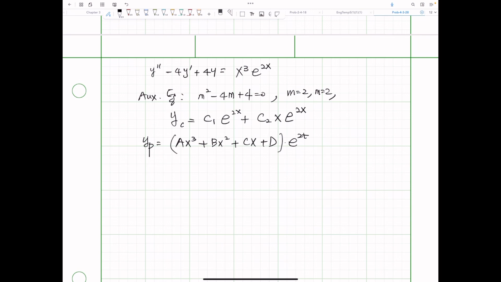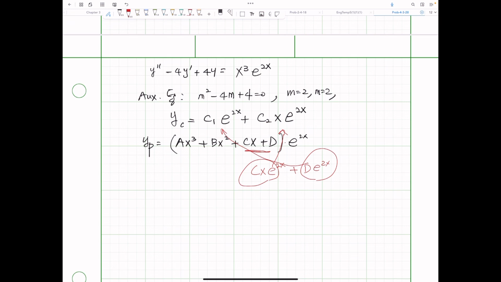And when we try, it's not going to work. We can see this by looking at it: c x e to the 2x plus d e to the 2x. There's a repetition, right? That and that. So we cannot do that.